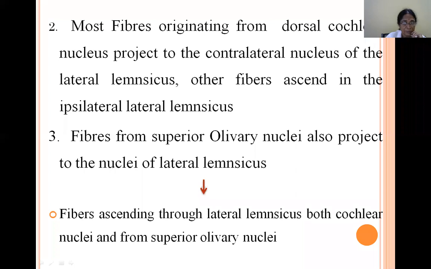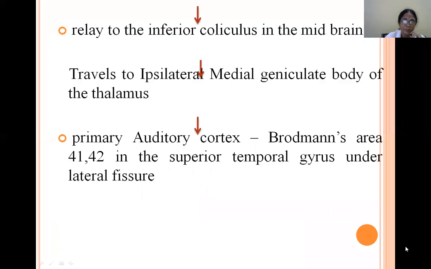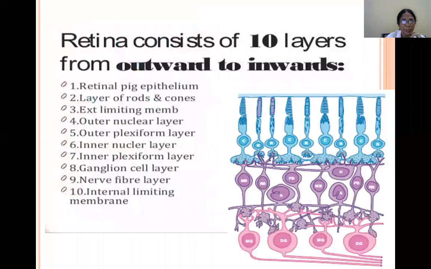The fibers ascending to the lateral lemniscus, from the cochlear nucleus and superior olivary nuclei, all relay to the inferior colliculus in the midbrain. They go to the inferior colliculus in the midbrain, and then to the medial geniculate body of the thalamus on the same side.